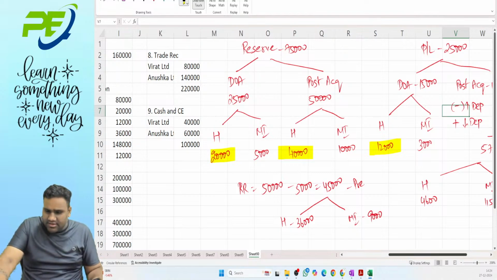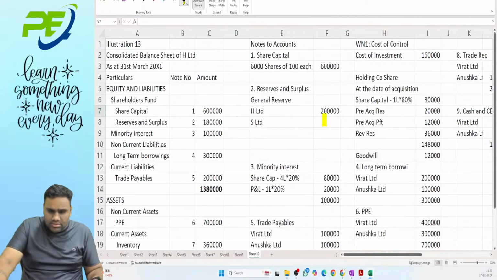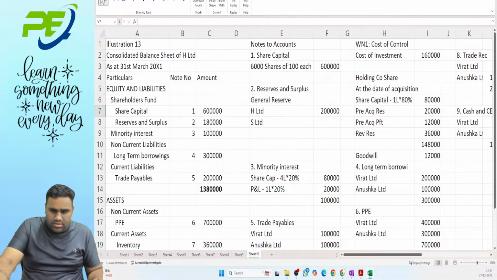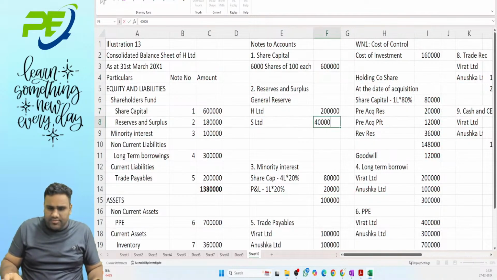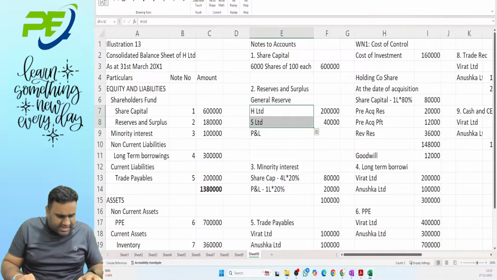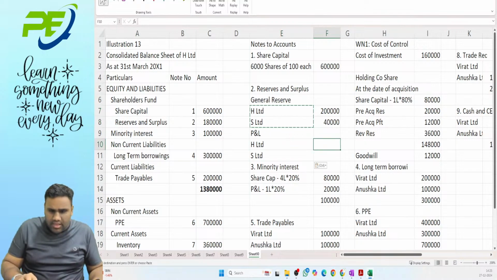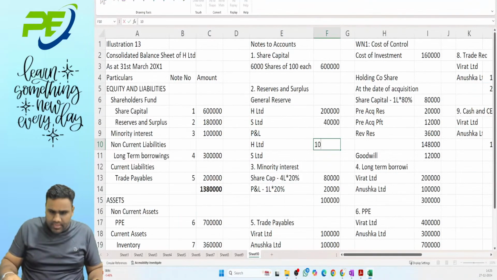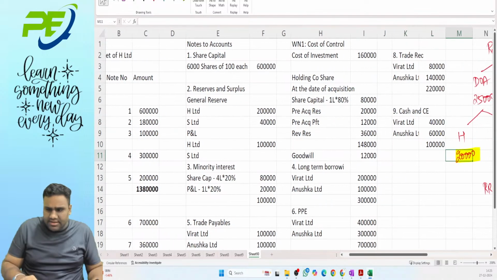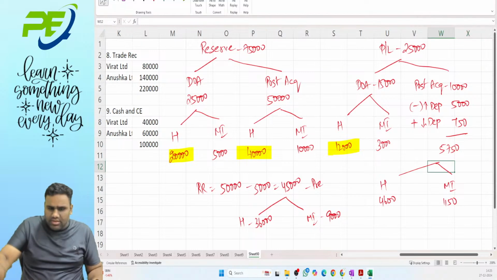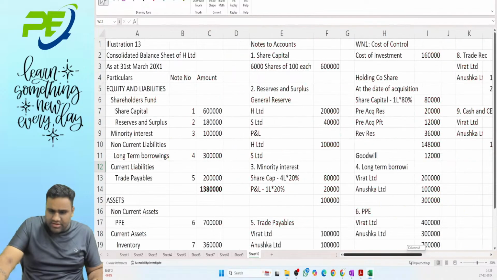I have just highlighted it. Next, PNL. PNL again H and S. So PNL 1 lakh and S Limited, here we have 4,600.